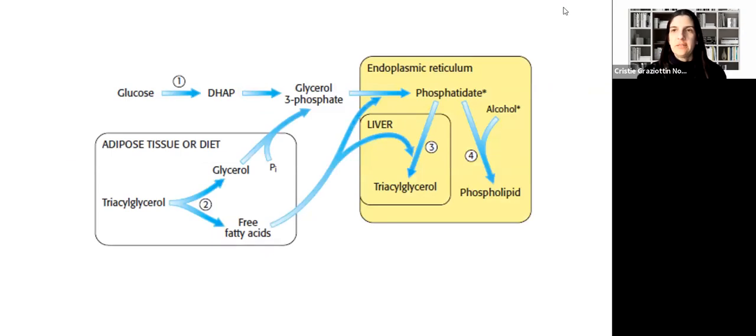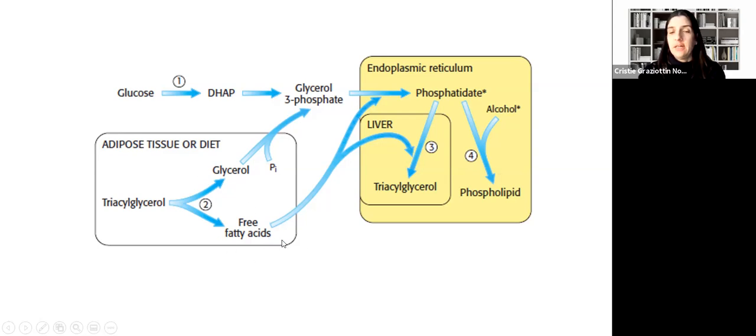In our previous classes, we saw that when we have fatty acids, we can use them to synthesize triacylglycerol, and this triacylglycerol can be stored at the adipose tissue. We also talked about the triacylglycerol cycle, where we can have the mobilization of triacylglycerol from the adipose tissue with the release of glycerol and free fatty acids.